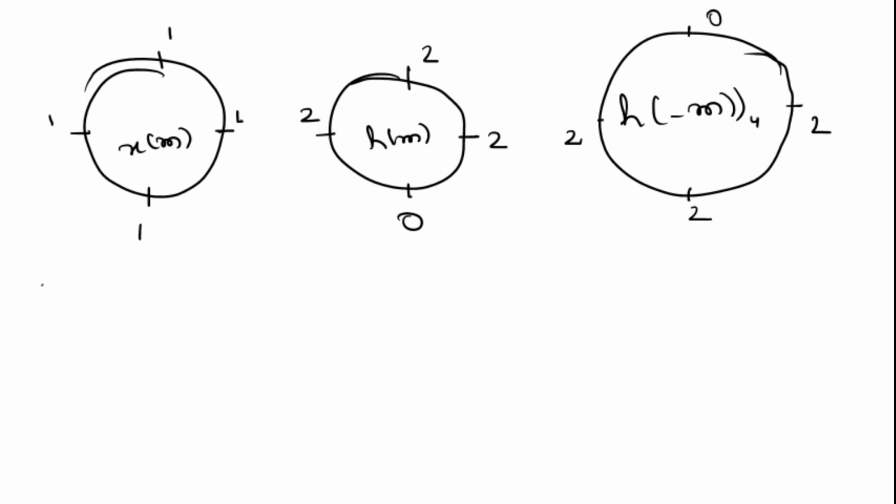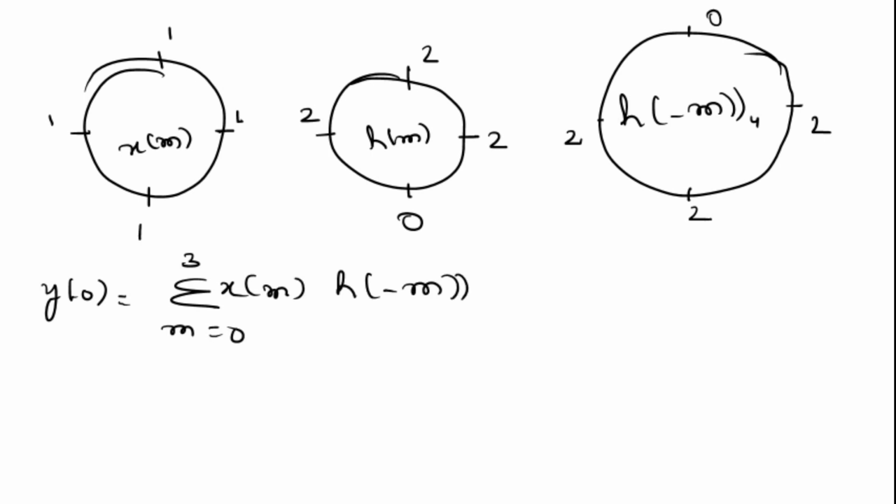So let us find y of 0. Y of 0 is equal to summation m is equal to 0 to 3 x of m into h of minus m of 4. So we have to multiply x of m with h of minus m of 4. That means we get 2 into 1, 0 into 1, 2 into 1 plus 2 into 1.